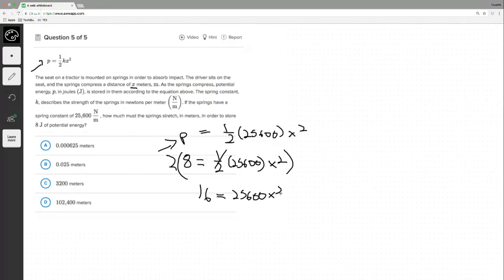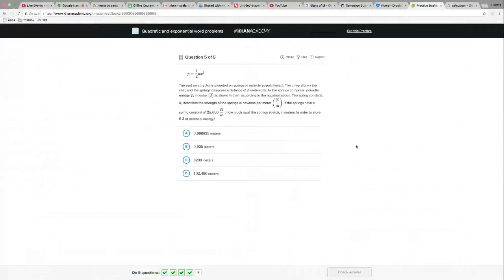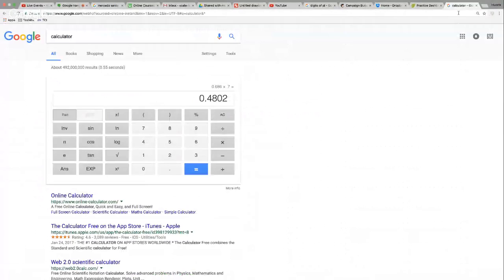x squared. We're going to have to use a calculator now. So we're going to divide both sides by 25,600 to isolate x squared, right? We're going to get some crazy decimal. x squared equals, could keep it a fraction, but this will be easier, 16 divided by 25,600.